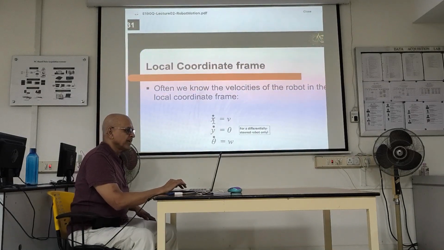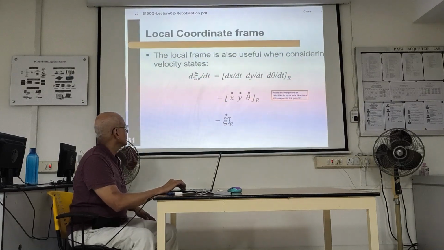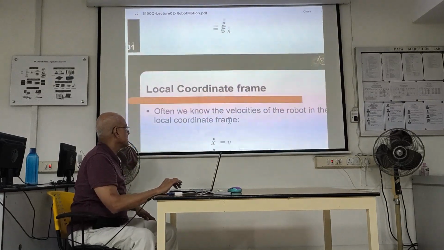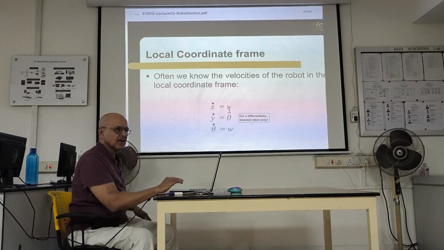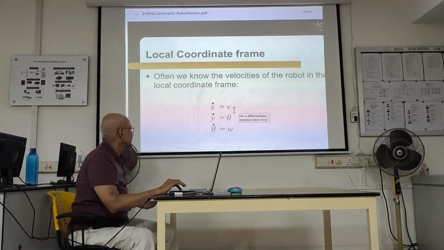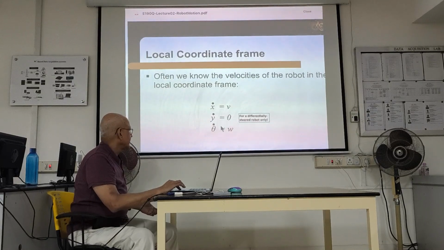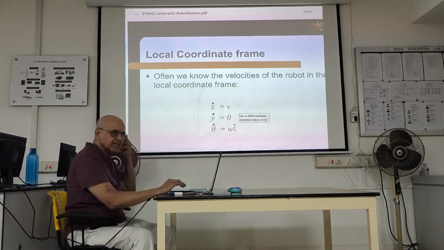Now, you will realize that x dot is our old v symbol. X dot, the forward velocity of the robot, was what we called v. It's not something different. X dot is the same as v. Y dot is equal to 0, so I put 0 for a differentially steered robot only. And theta dot is omega, radians per second.